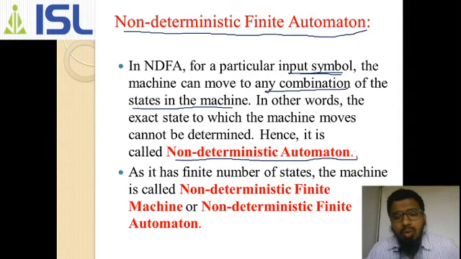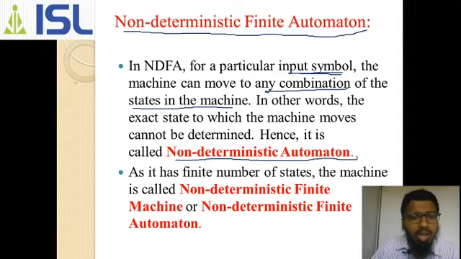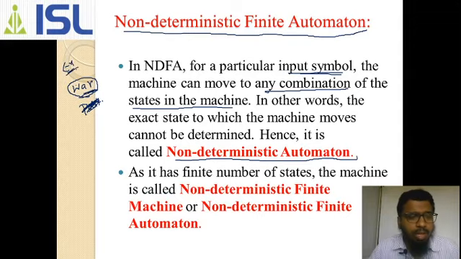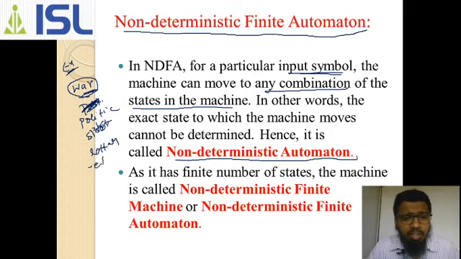So with a real-time example for this NDFA, it will be easy for you to remember. Take the example of war, politics, sports, lottery, etc. All of this comes under NFA.